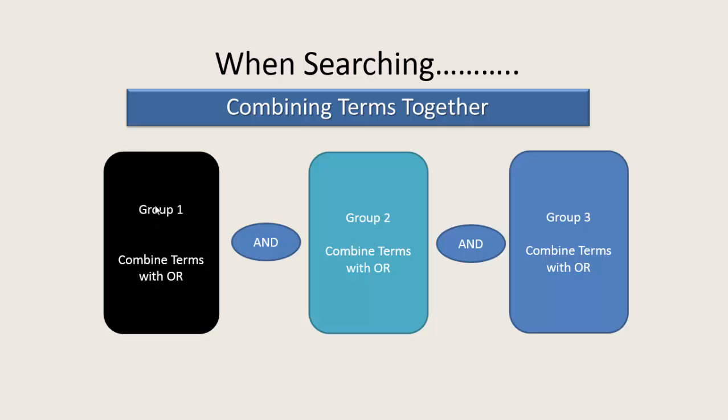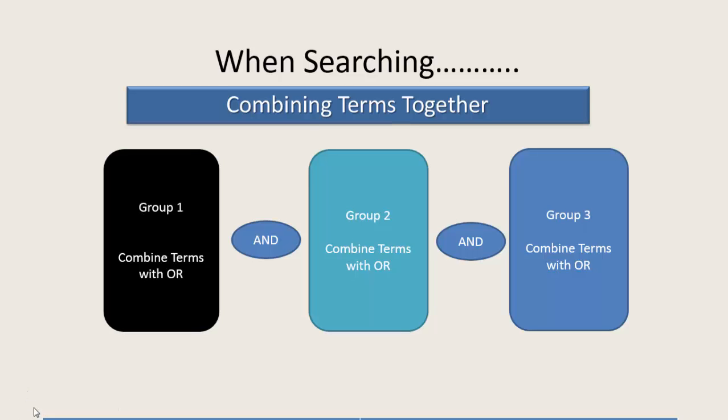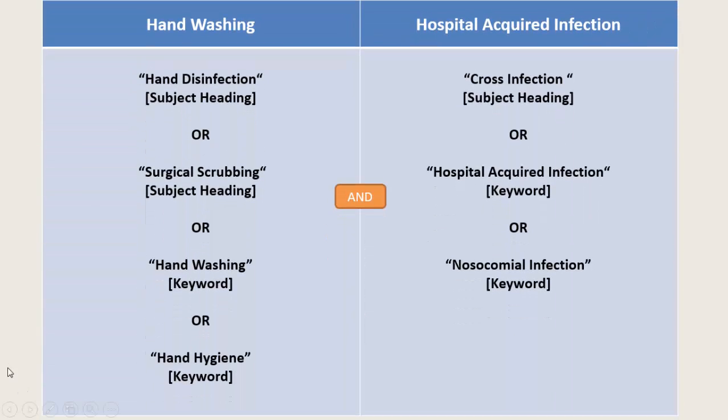So you or within the box. And in group 2, you're going to do the same thing, but in this case it'll be any term that you can use to describe hospital-acquired infection. So you're going to or everything in this box. And then you'll combine them to make a direct relationship using and. It may look something like this.